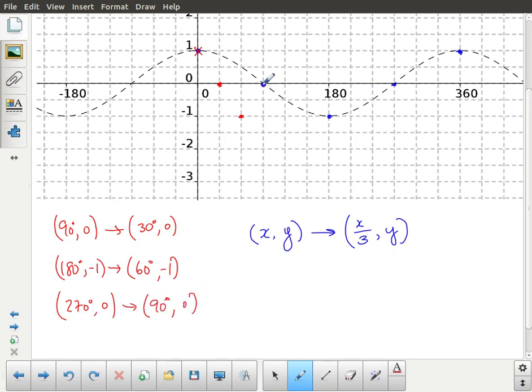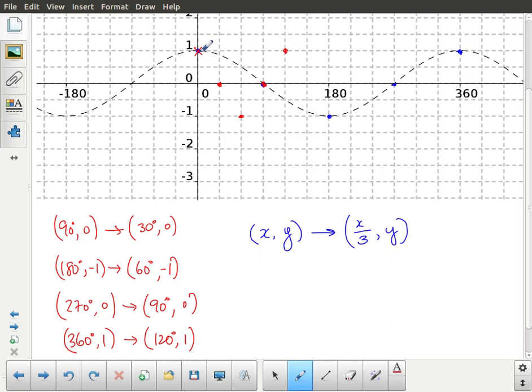So 90 degrees, 0 would be right there. And then finally 360 degrees, I might as well finish off. I'm not going to write them out for every example, but in this case I thought it was important. 360 degrees divided by 3 leaves me 120 degrees. But once again, I'm so focused on having a y coordinate of 0. 360 degrees, 1 goes to 120 degrees, 1. And so we end up right there.